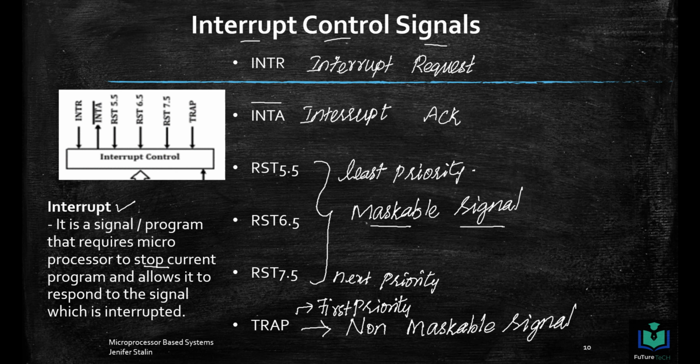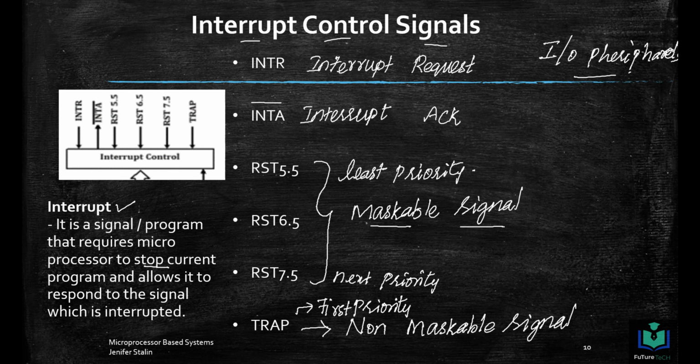Most of the signals which interrupt can be from IO peripherals or memory devices, which can interrupt the microprocessor by sending an interrupt request signal.